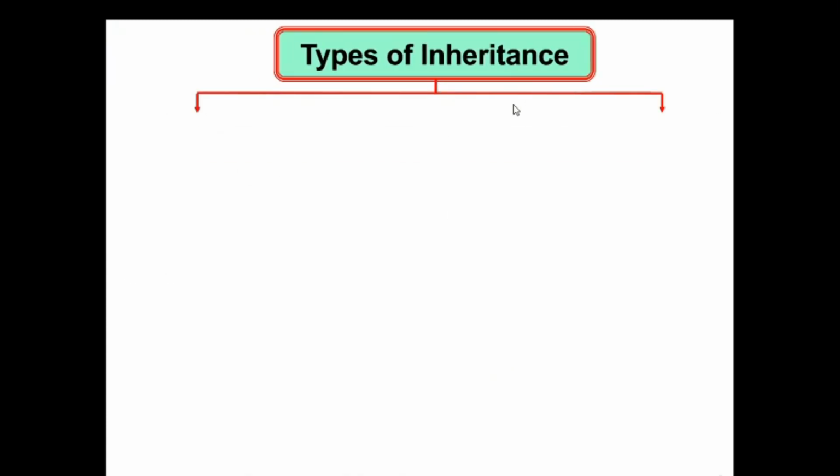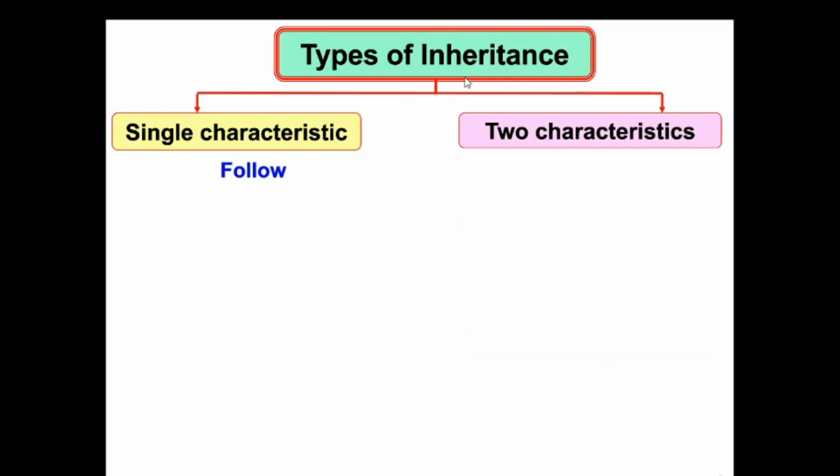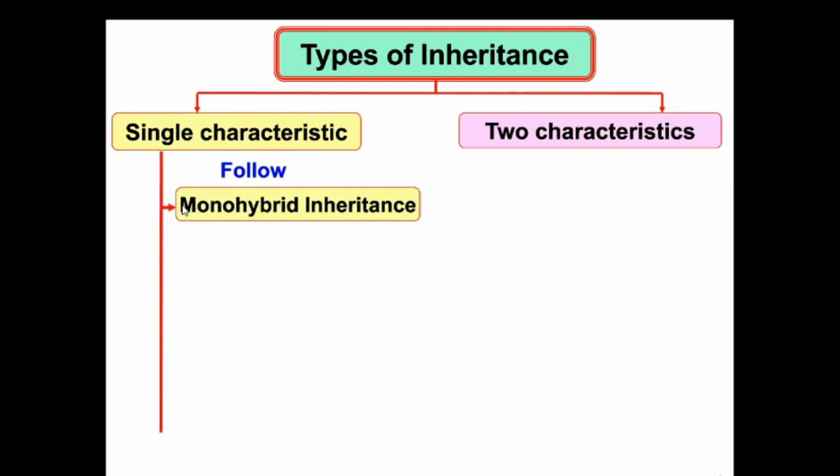For the types of inheritance, we can divide them into 2: whether the inheritance has a single characteristic or 2 characteristics. The inheritance which has a single characteristic will follow the Mendelian monohybrid inheritance.